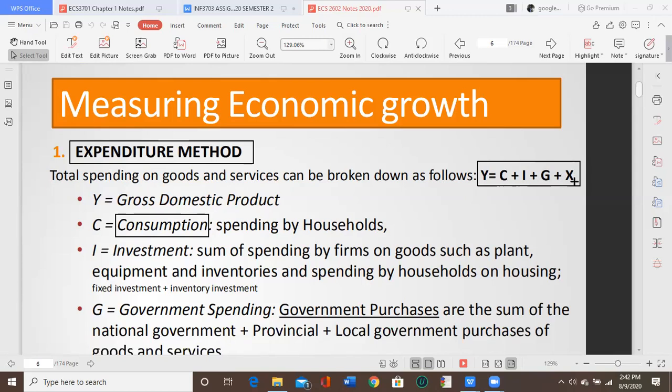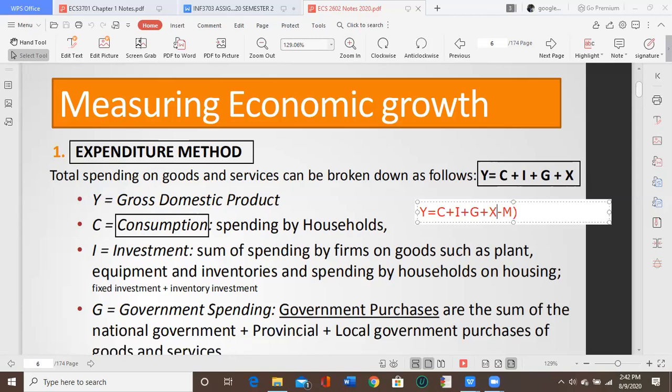This one is not complete. It should be X minus M. Y is equal to C plus I plus G plus X minus M. You did this in ECS1601, right?